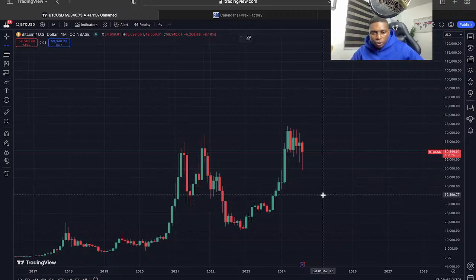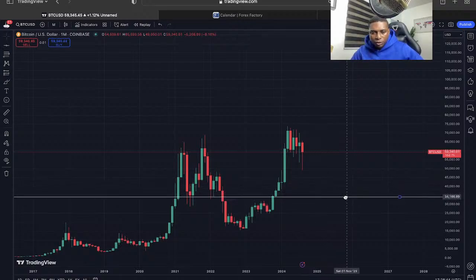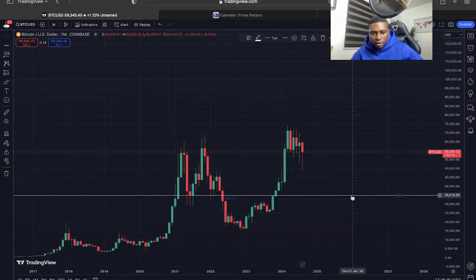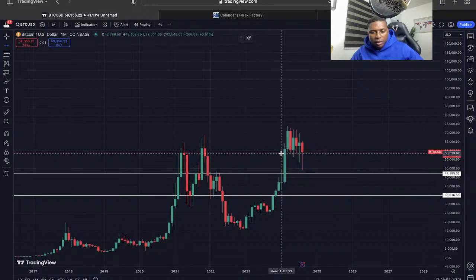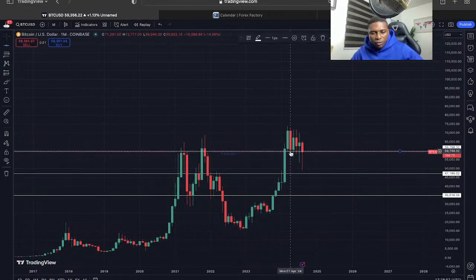Here we have levels of support and resistance. Here likewise, levels of support and resistance. Here likewise, there's a level of support and resistance.